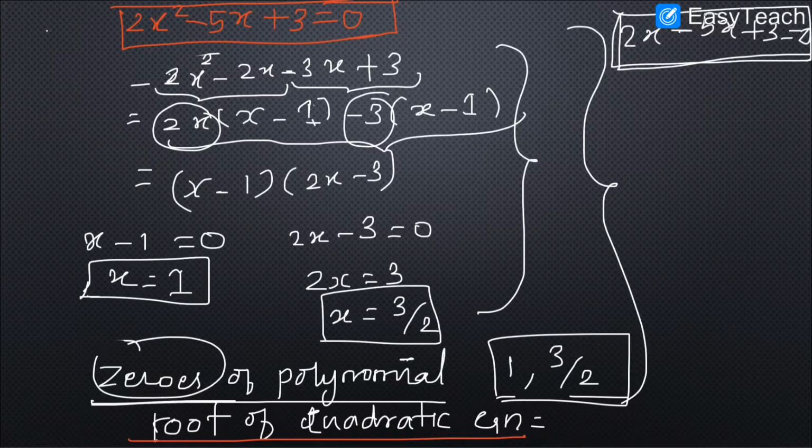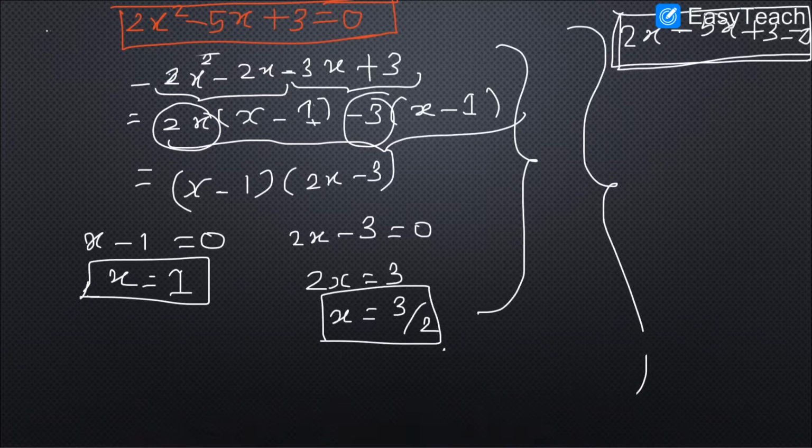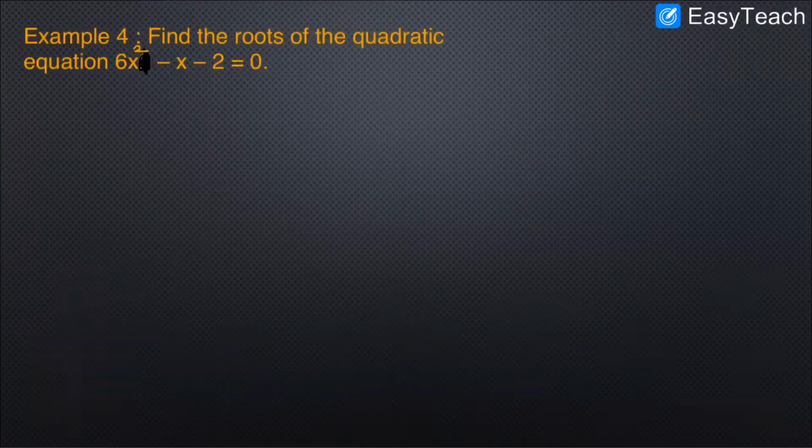The only difference is I am going to cut the statement, the zeros of the polynomial, and instead write the roots of the quadratic equation. So only the name is changed. The roots of the quadratic equation 2x square minus 5x plus 3 equals 0 are 1 and 3 by 2. This is how you find the solution or the roots of the quadratic equation.